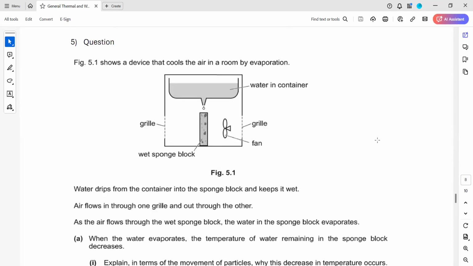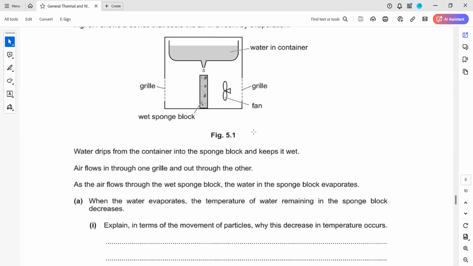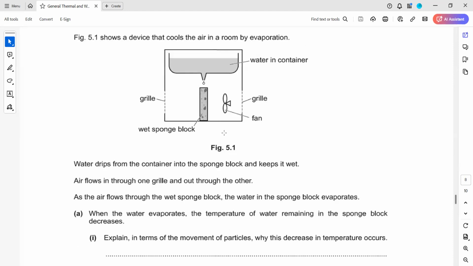Question 5, figure 5.1 shows a device that cools the air in a room by evaporation. So there is a water sponge block and a water container, and a fan which is blowing the air. The water drips from a container into a sponge block and keeps it wet.